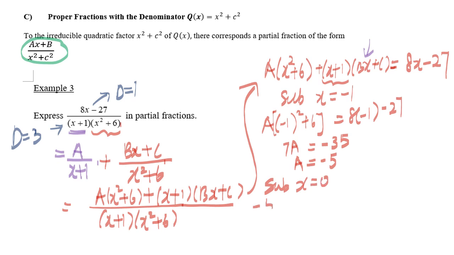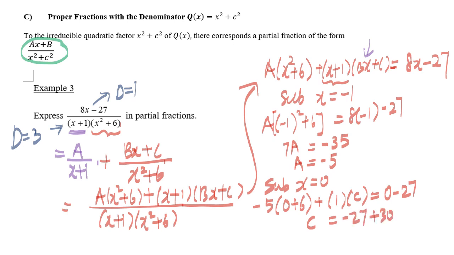So I have -5 times 0 squared plus 6, plus 0 plus 1 is 1. b times 0 will be 0, so left only c. 8 times 0 will be 0, so 0 minus 27. You simplify further, it will give you c equals -27 plus 30, so c will give you 3.